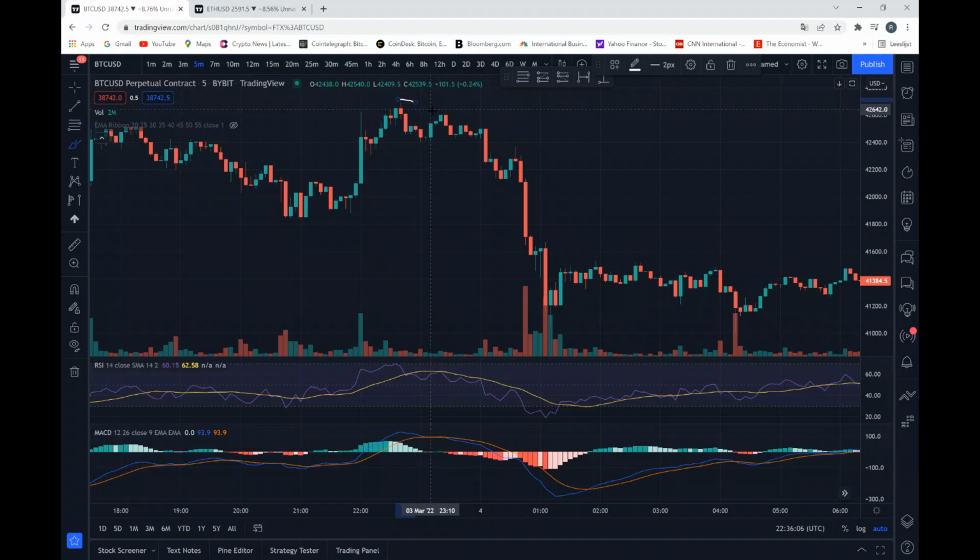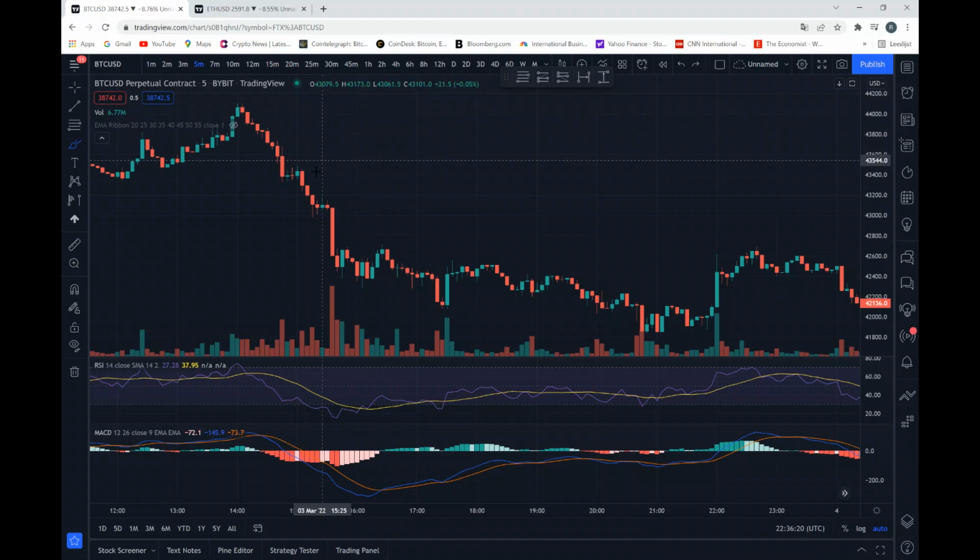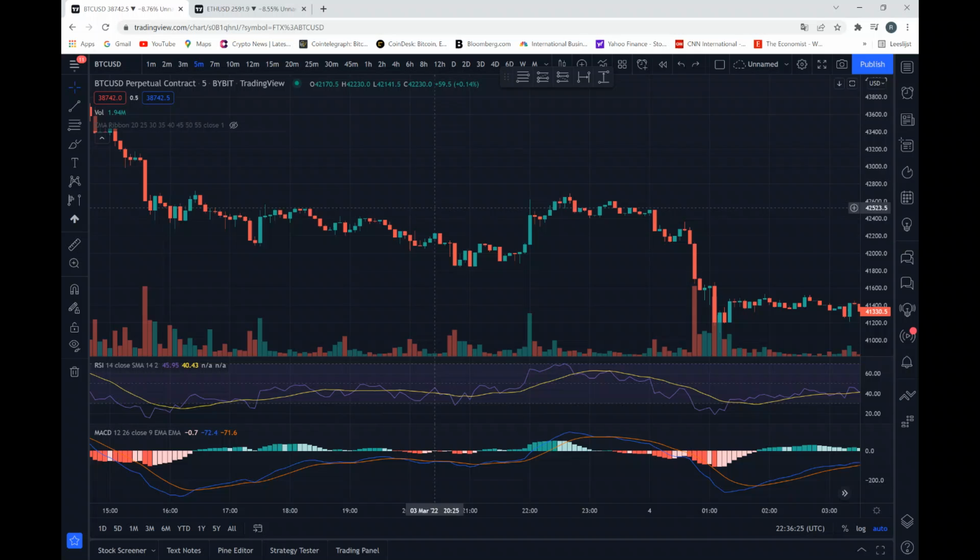So hey, we have a lower high, lower high, lower high, lower high, and then suddenly we are really dropping down faster. We're seeing just a few red candles undoing everything that we went up here, and that is also price action.